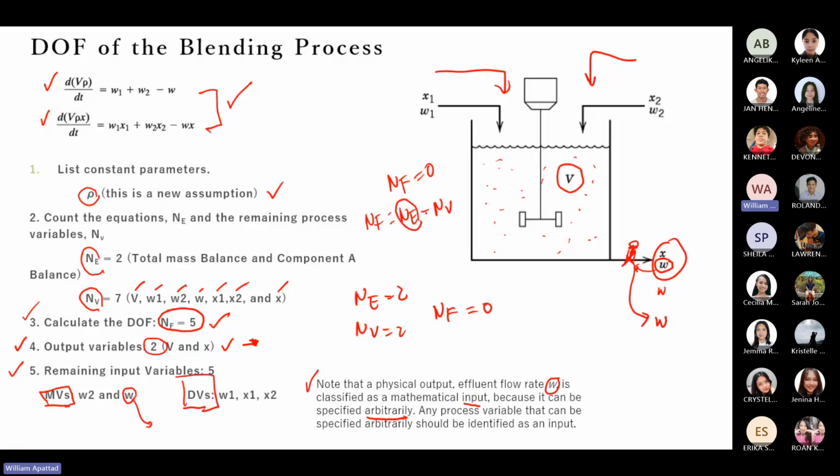Ang NE natin, malalaman natin mas maaga kaysa sa NV, right? Ang alam natin dito is dalawa. Okay, so para maging 0 tong NF, kailangan ang NV natin ay dalawa din. Okay, so dito dalawa. Did I answer your question? Yes, sir. Thank you, sir. Okay, may tanong pa?